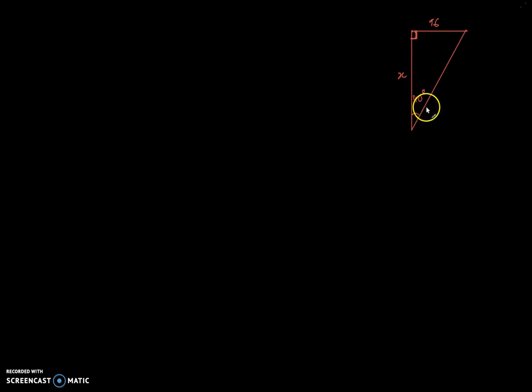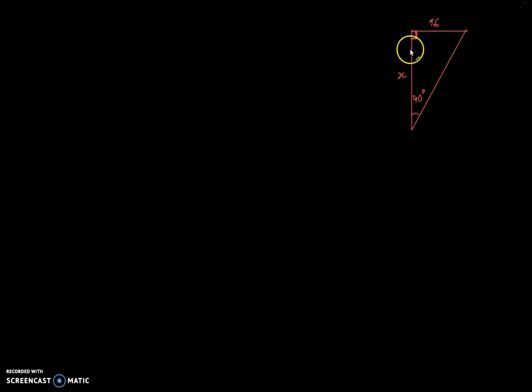The way to do this, you need to find some trigonometric ratios about the opposite side and the adjacent side.